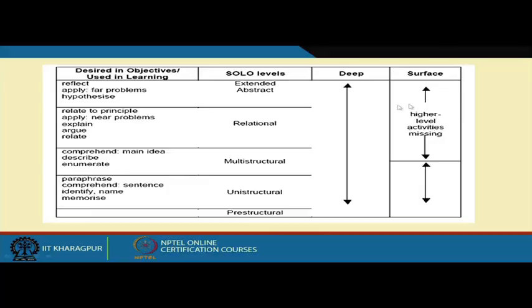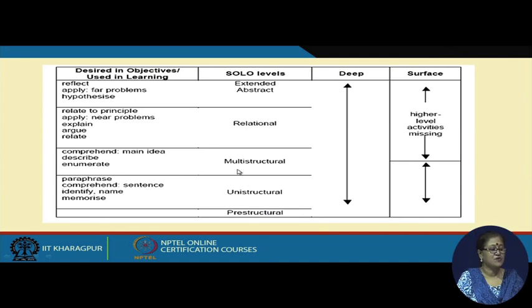It shows the cognitive demand of the questions we ask and helps scaffold students into deeper thinking and metacognition. So, here I can see uni, multi, relational and extended abstract, but at the surface level, the relational and extended, these high level activities are missing.